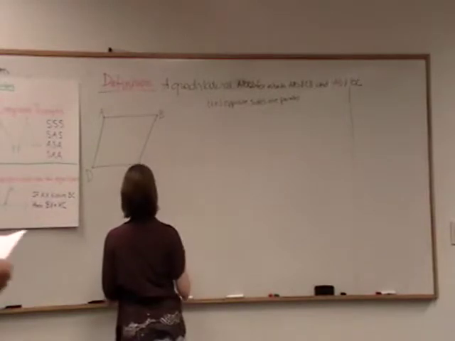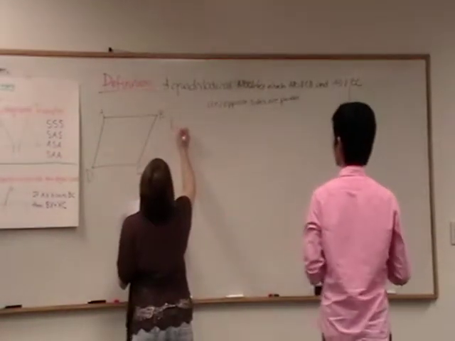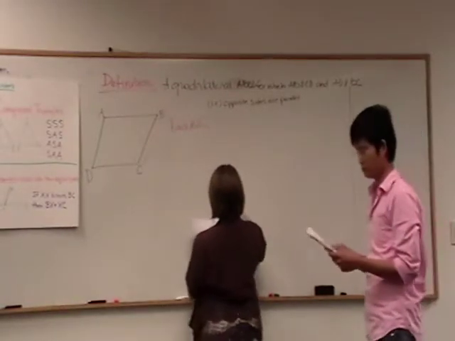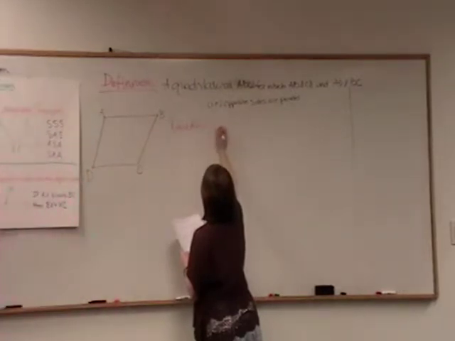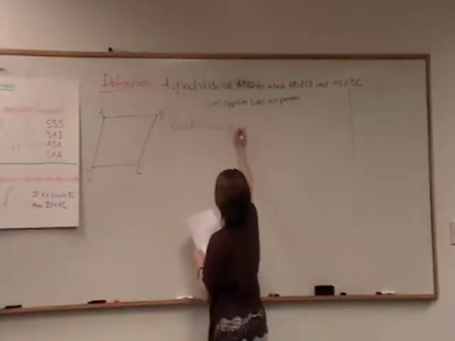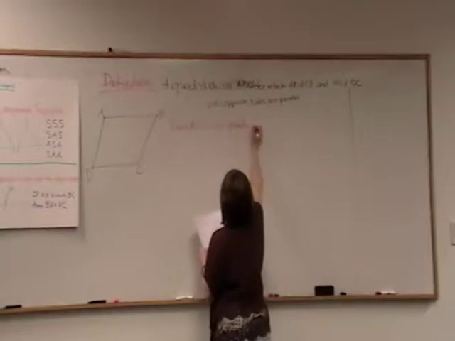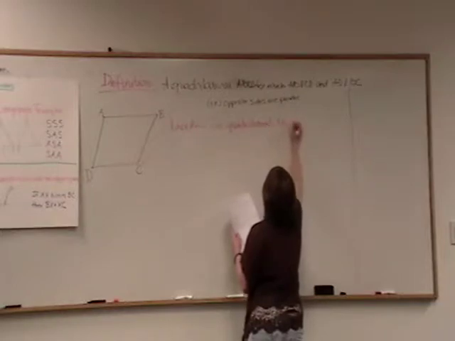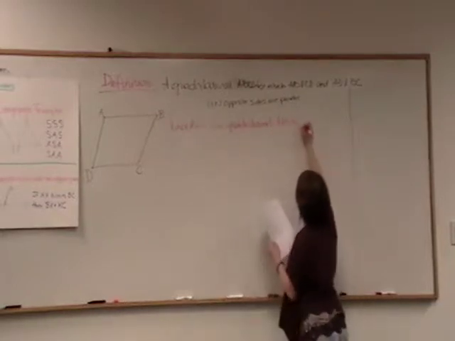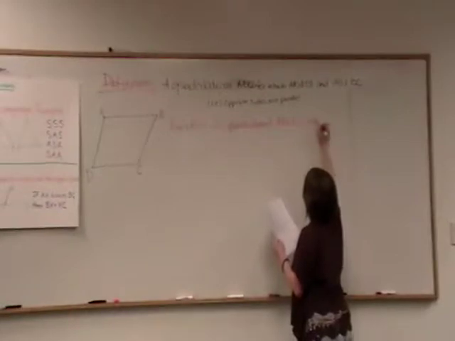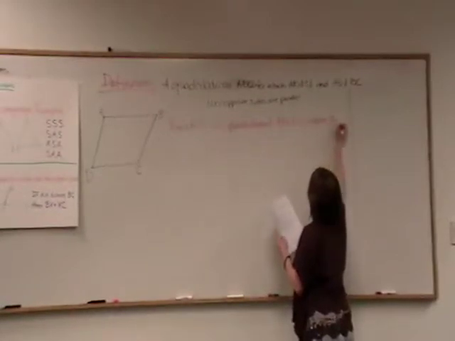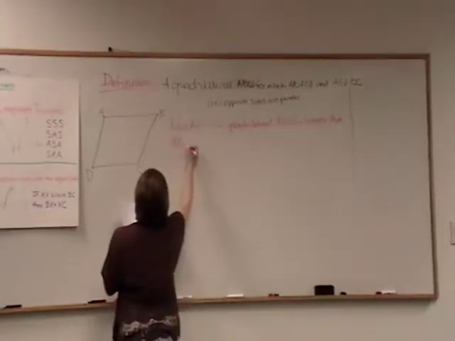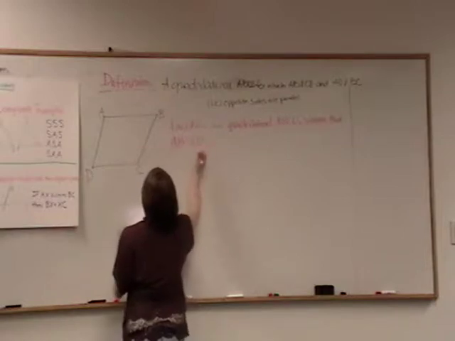Okay. So, fact number 2. We have in a quadrilateral A, B, C, D, that we have AB equals CD.